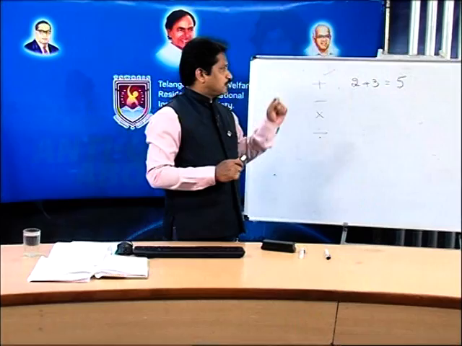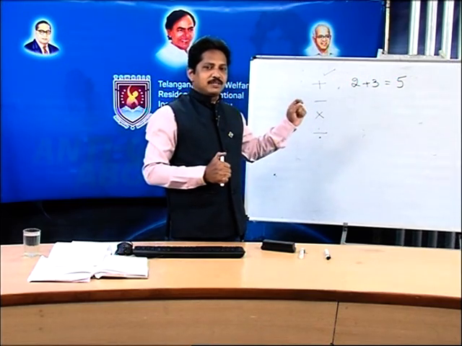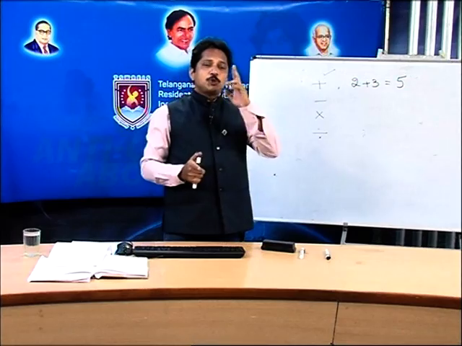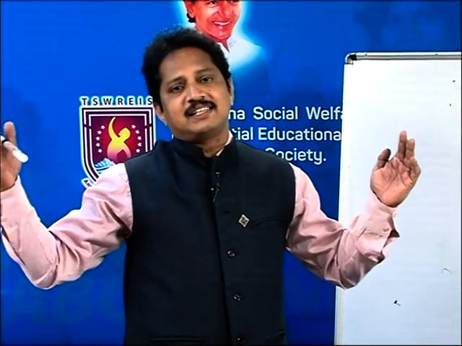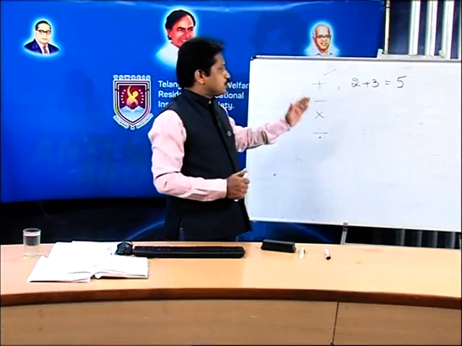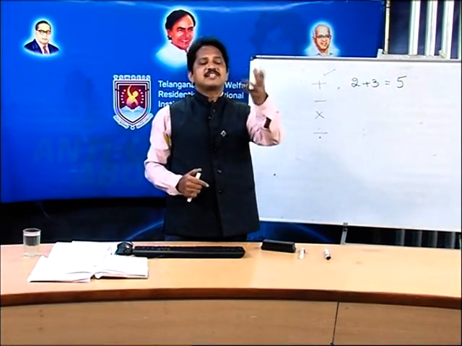Addition. So the nature of the set is natural numbers, and the nature of the operation is addition. When there are two numbers on one side and one number on the other side, we can call it the closure property. That is, 2 plus 3 equal to 5 means the sum of two natural numbers is a natural number.